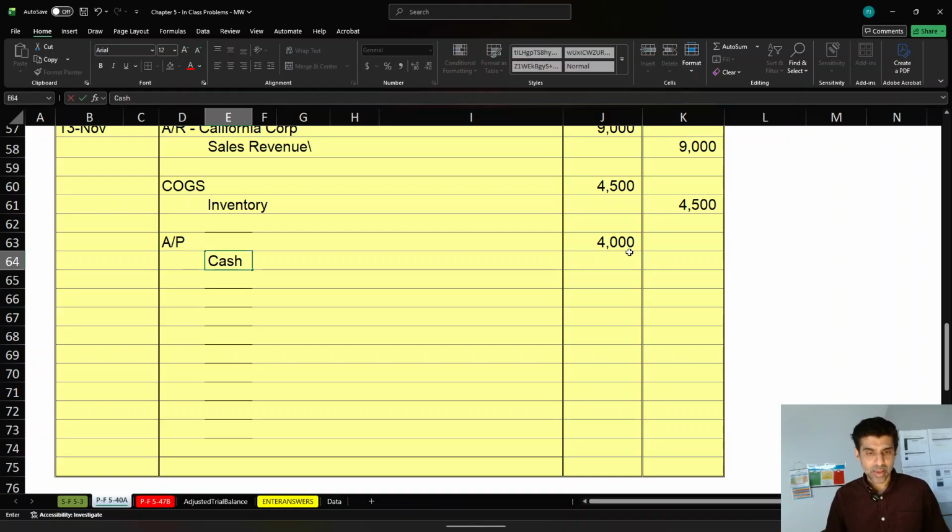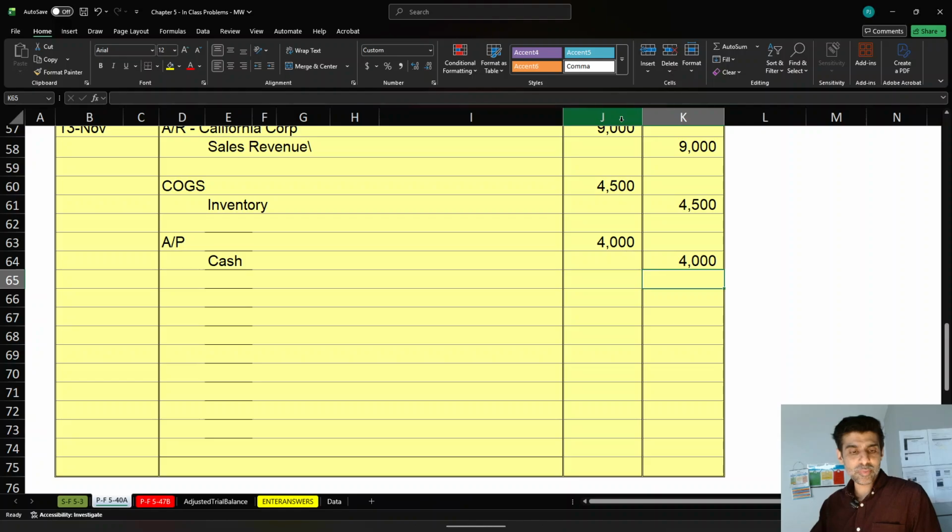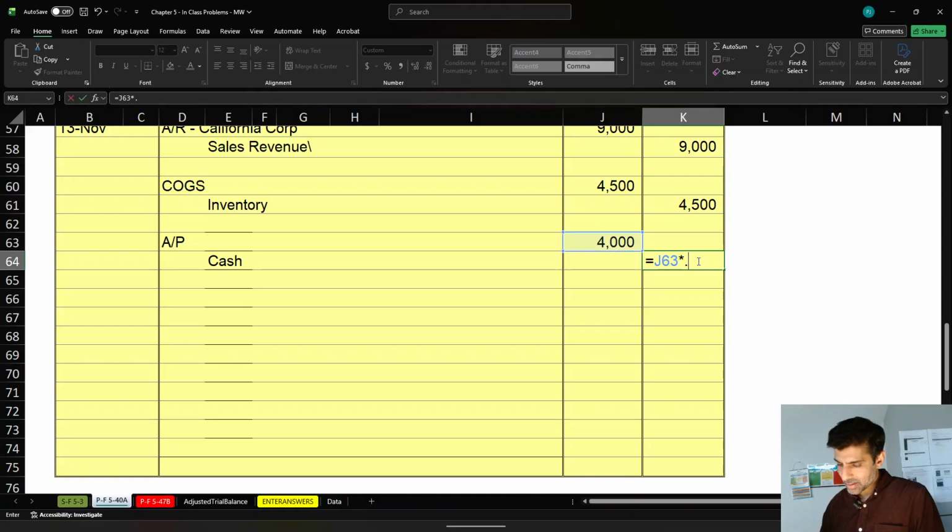I know I'm going to be paying some cash, but if I wasn't getting the discount, it'd be easy. It would just be this. But since I'm getting a discount, I know the actual amount of cash I'm paying is less than that, right? So the amount I'm paying is this times 99% because I'm getting a 1% discount.